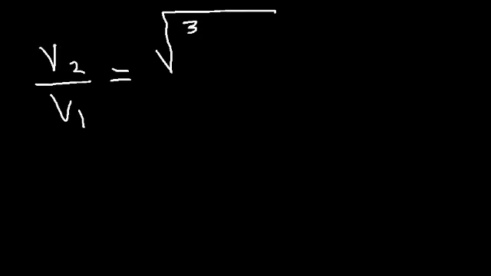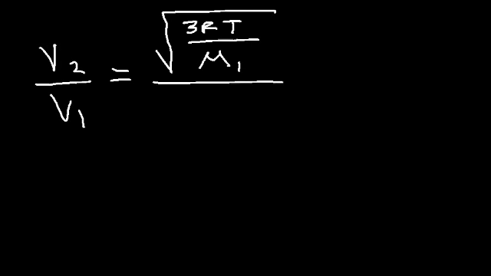Now, we need to talk about how to derive the equation for Graham's law of effusion. And it turns out that you can find it by using the root mean square velocity equation. So V2 over V1 is going to be equal to the square root of 3RT over M1. So let's assume that temperature is constant.